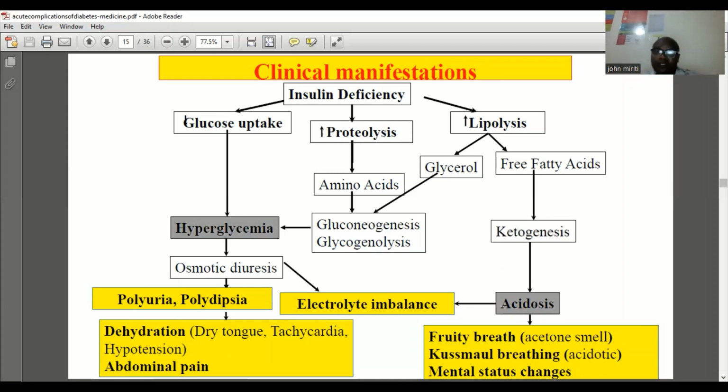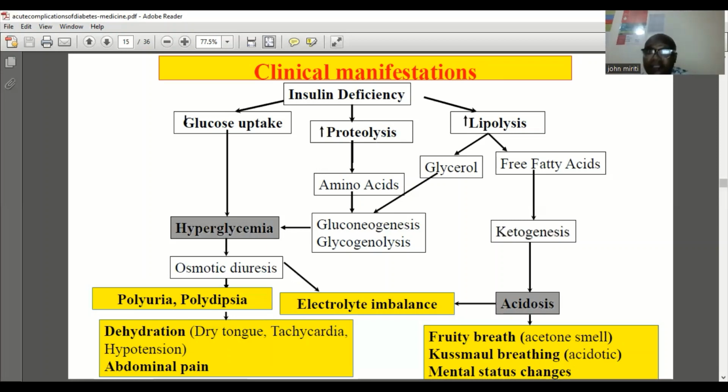So your patient will manifest with polyuria, polydipsia, and electrolyte imbalance. Because of this, the patient will be dehydrated, the tongue will become dry, and the patient will have tachycardia, with the heart pumping very fast, low blood pressure, and abdominal pain.